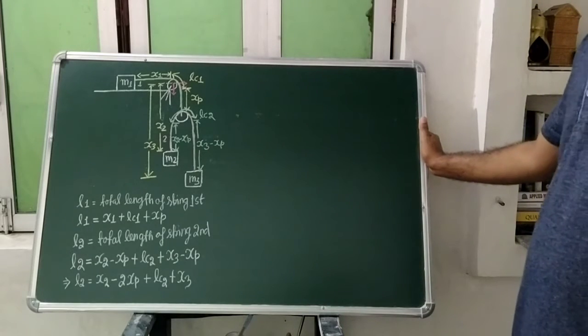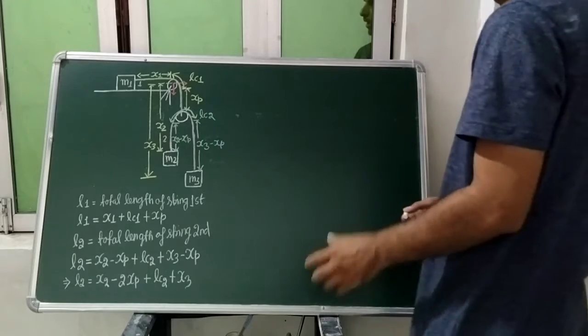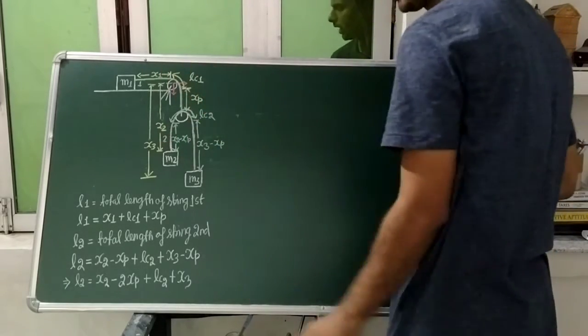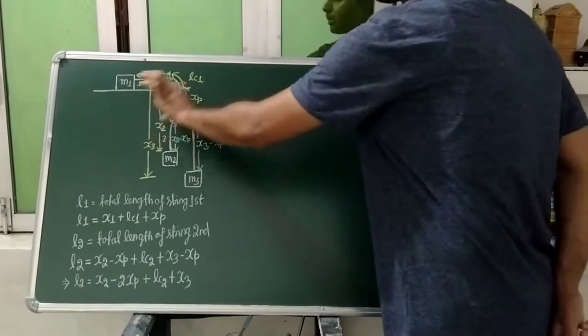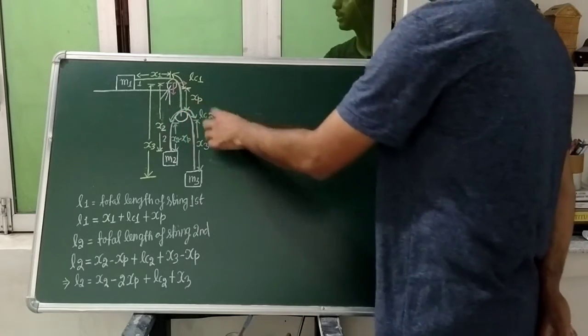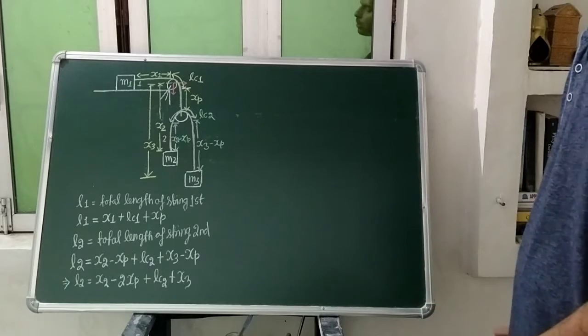Isn't it, students? What had we done for the length of string second? We had said this length will be nothing but x2 minus xp, and this length should be equal to x3 minus xp. And the length of the string present over this moving pulley, we are saying is equal to LC2.